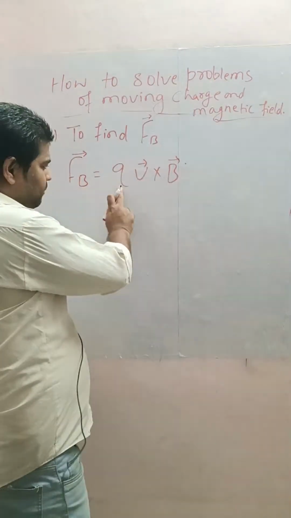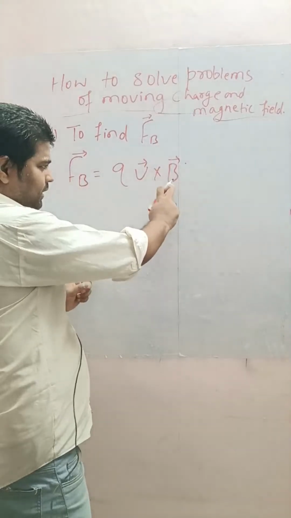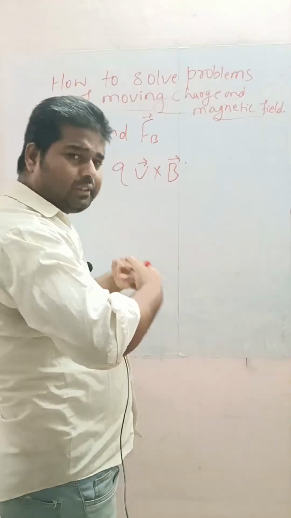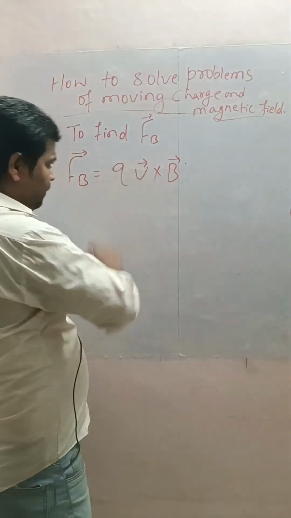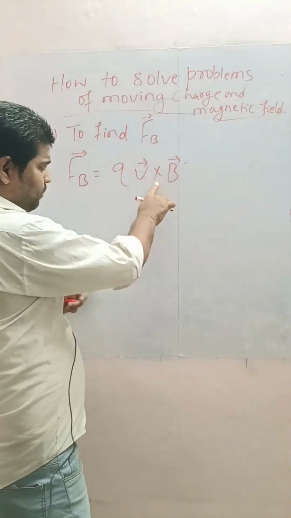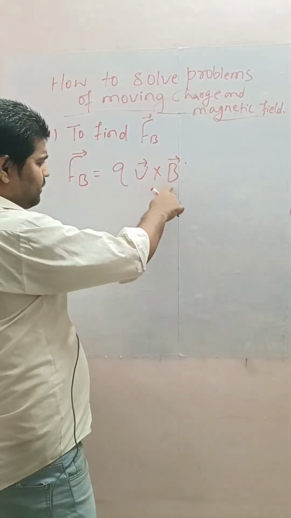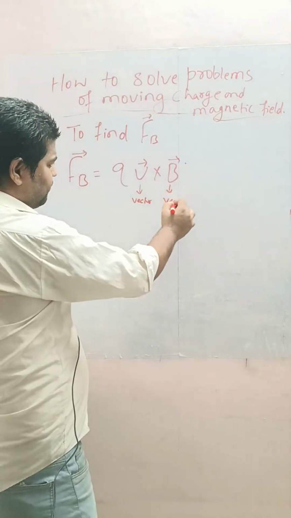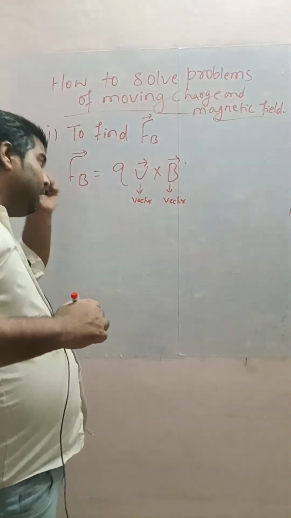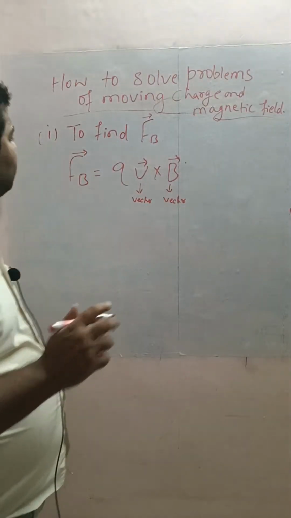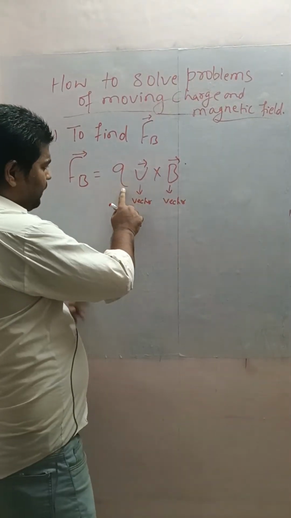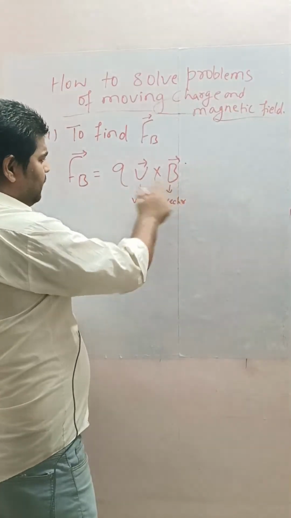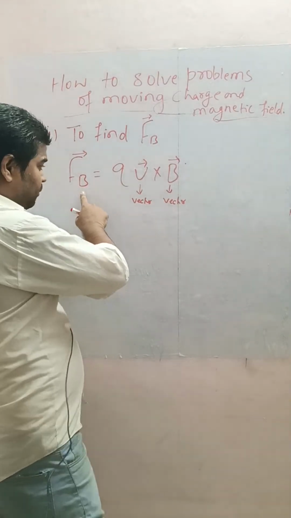V is the velocity of this charge, and B is the magnetic field into which the charge is moving. Remember one thing, here is the cross product. V is a vector, B is also a vector. In a very simple case, you normally multiply Q, velocity, and magnitude of magnetic field, then you get the force.